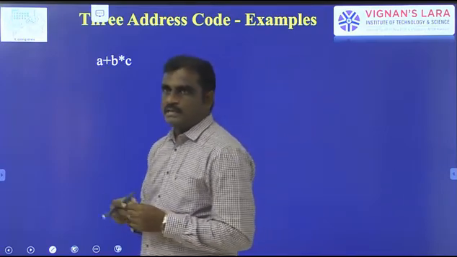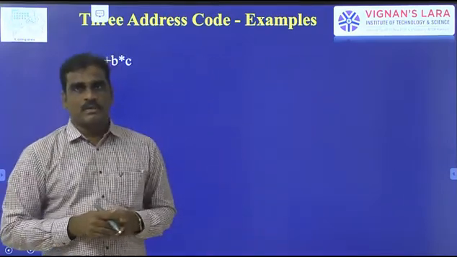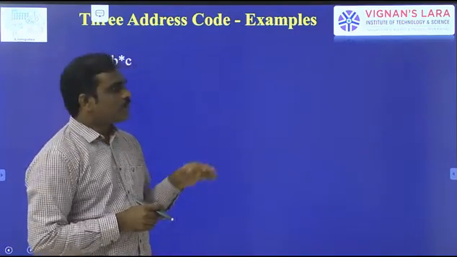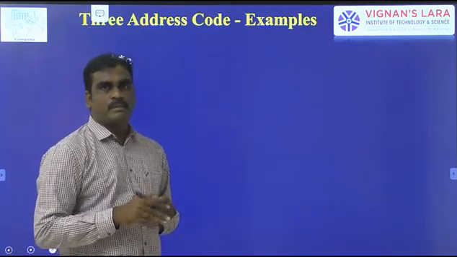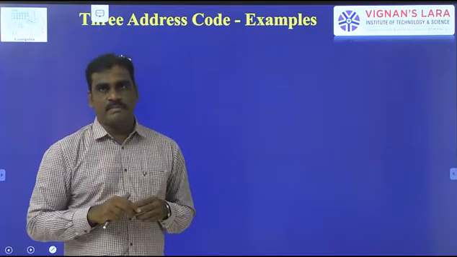All of you know that in our three address code statements, on the right hand side of the equal to, we have a maximum of two operands and a single operator.